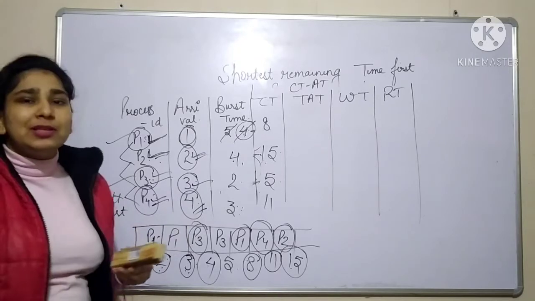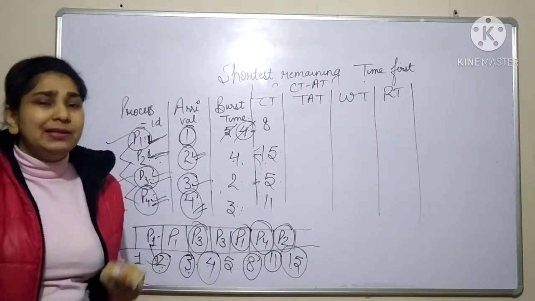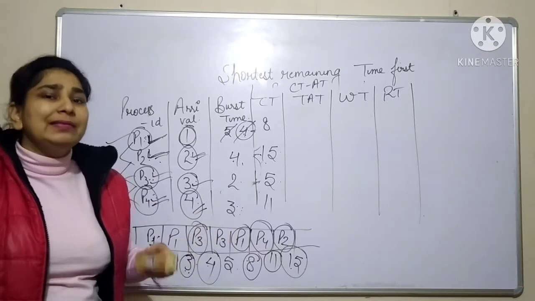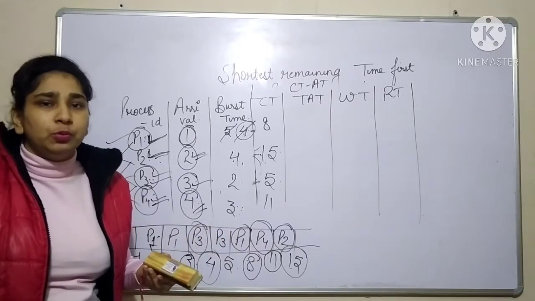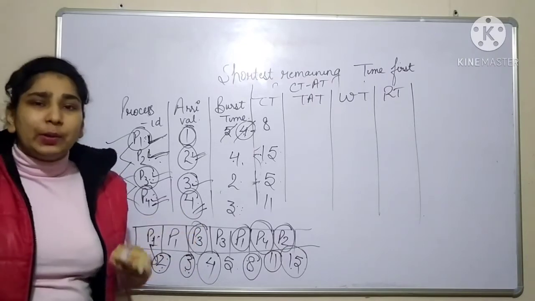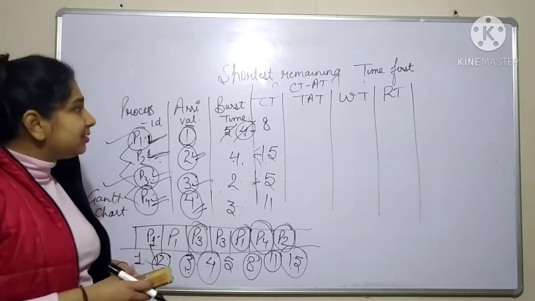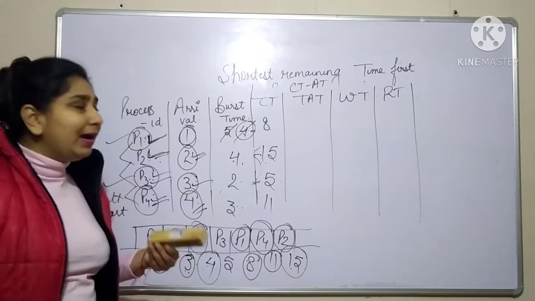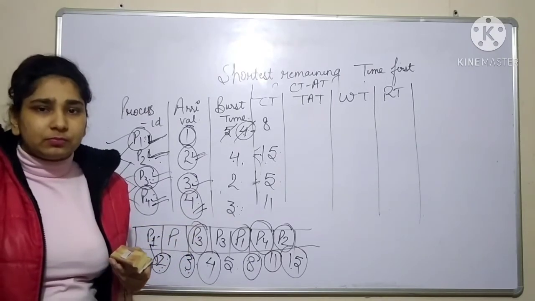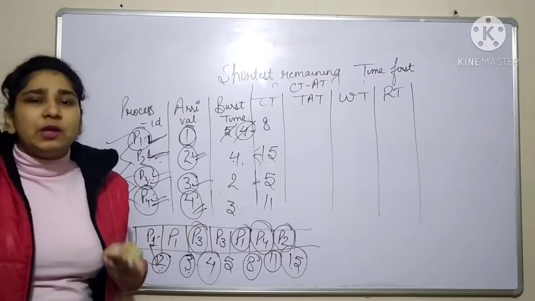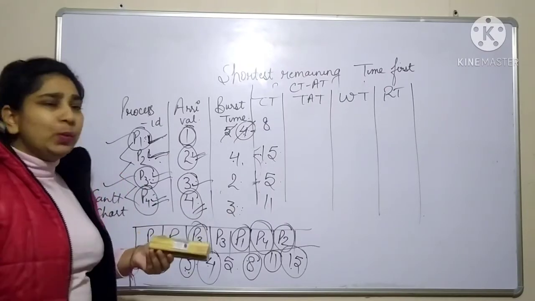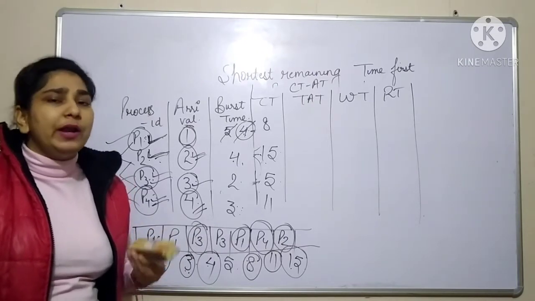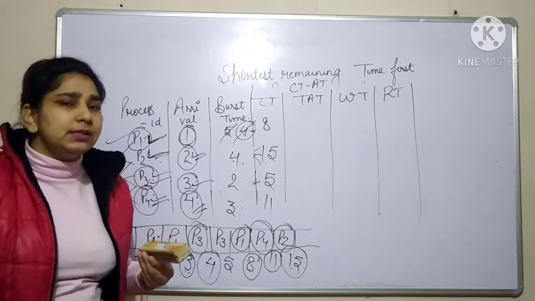If your process wants a CPU, it doesn't mean that you will be giving CPU to that process when it requests for CPU. No. You will allocate CPU to the process on the basis of the algorithm you are using. There is a chance that a process might have to wait for some amount of time to get the CPU.